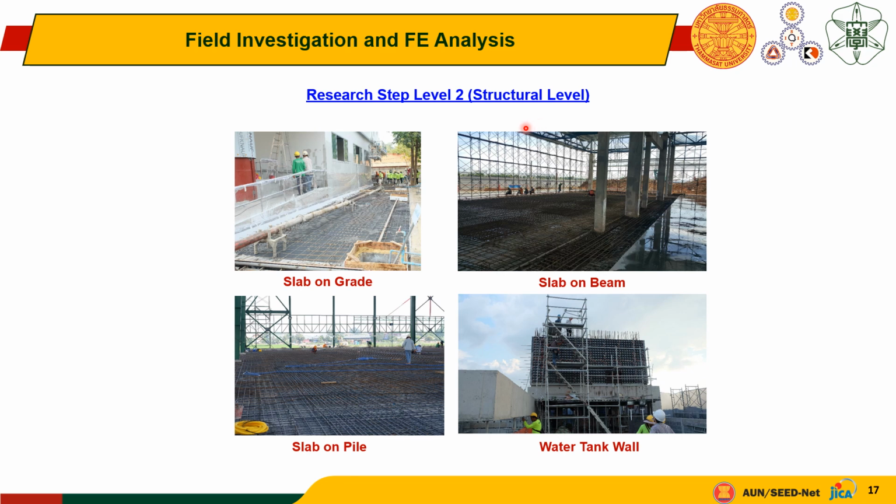In this study, we have four types of structure: slab on grade, slab on beam, slab on pile, and water tank wall. However, in this presentation, I only show some examples because we have a time limitation.